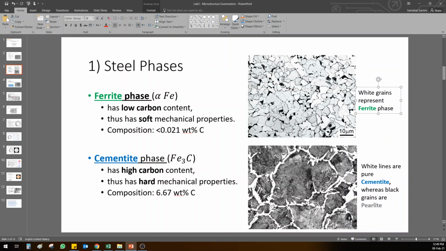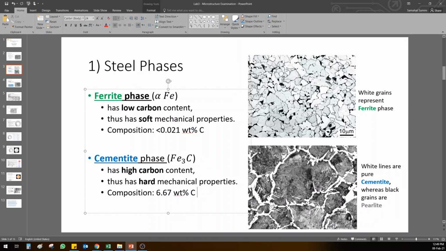Now let me come to cementite. So these are the two extremes. Cementite has high carbon content, with a carbon percentage of 6.67%. Because it has a higher percentage of carbon, it has hard mechanical properties. So it is very hard to work, bend, or break. Okay, what does cementite look like? The cementite looks like white lines.